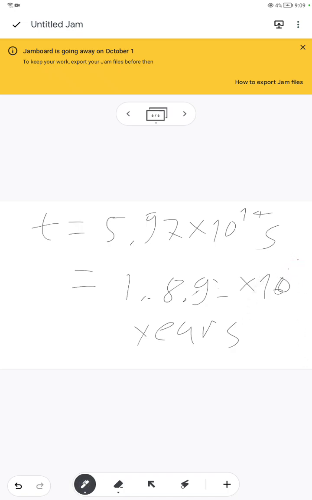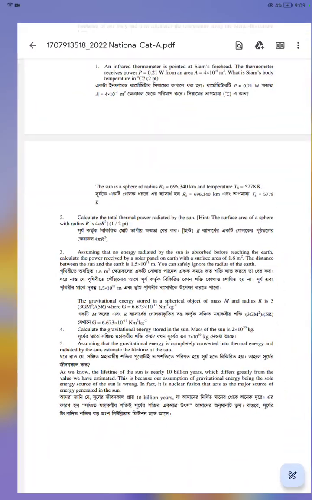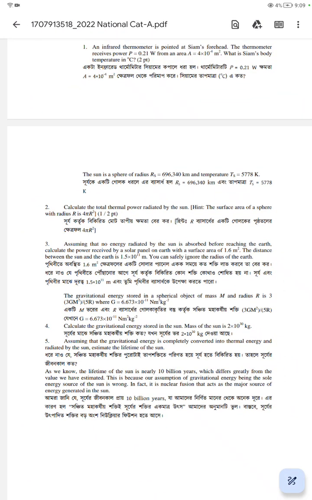That's how it will be in standard form. 1.89 times 10 over 7 years. So that's like 18.9 million years, and obviously it's quite off from 10 billion years.